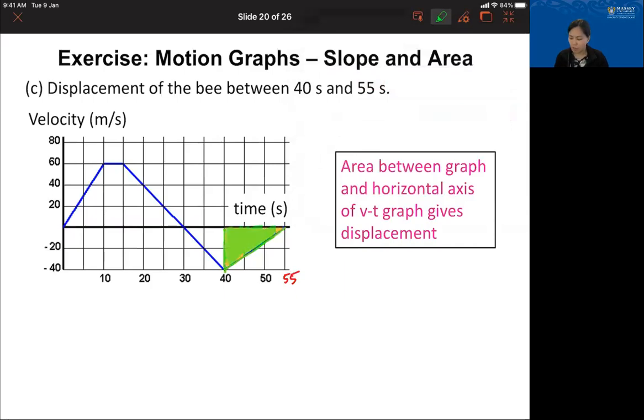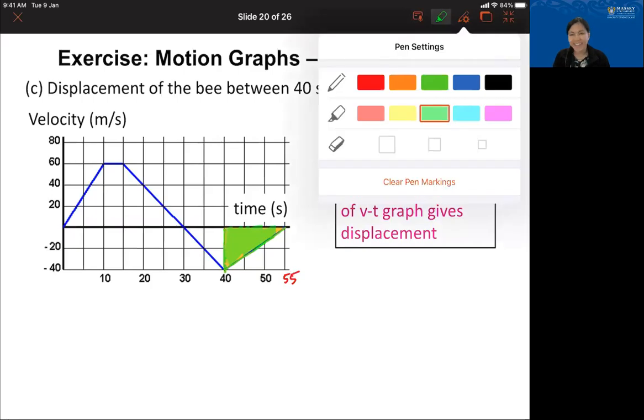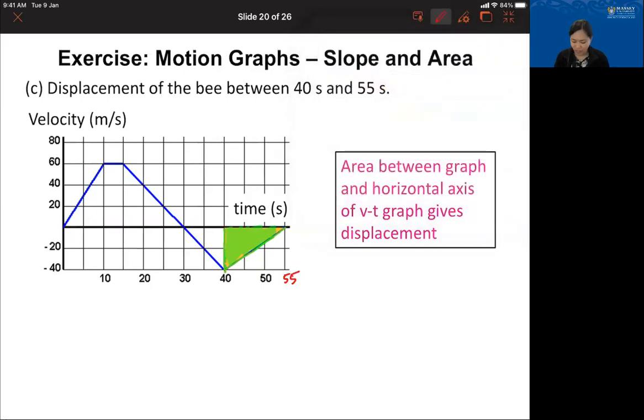And it's a triangle. We know the area of a triangle is 1/2 base times the height. So 1/2, the base is, this is multiples of 5, so 5, 10, 15, times the height is 40.